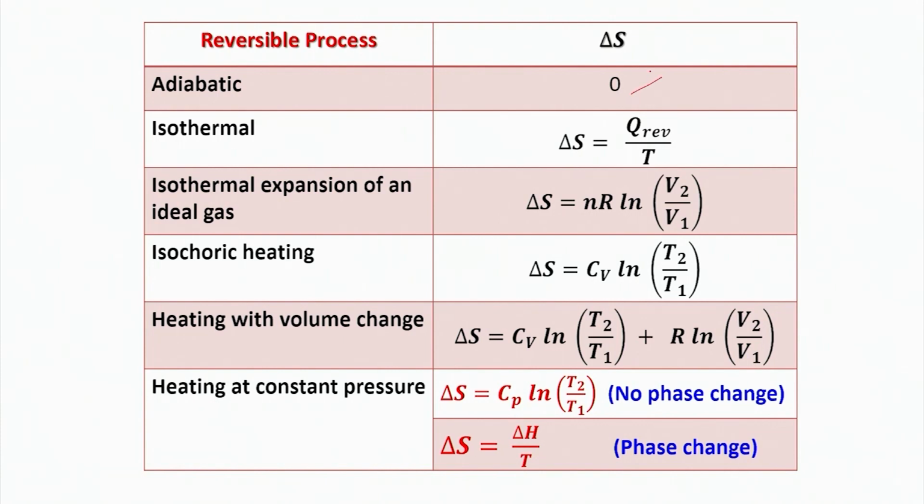But if I have an isothermal process, then the definition tells us that I can take the temperature to be constant, and delta S turns out to be a ratio of the total amount of heat exchanged between the system and surroundings in a reversible fashion divided by the temperature at which such exchange has taken place.